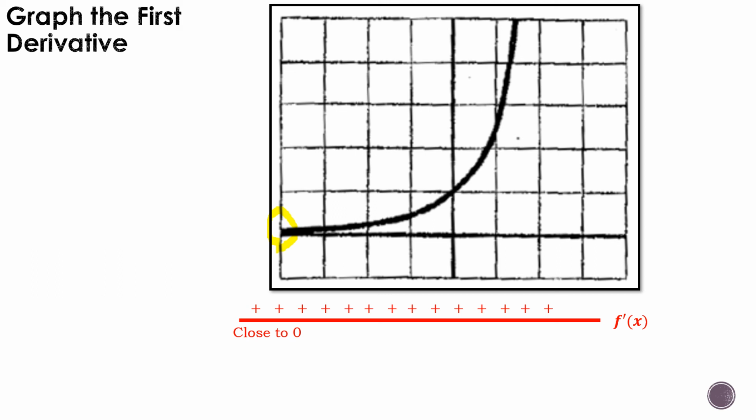Basically, it's going to look like this original graph because we need this left side to be close to 0, and it's a curve that's increasing and above the x-axis. So your sketch is going to look very similar. Even if it's right on top of it, then it's fine. Just make sure it's continuing to increase and it's above the x-axis and it's not linear, and you need that left side close to 0.